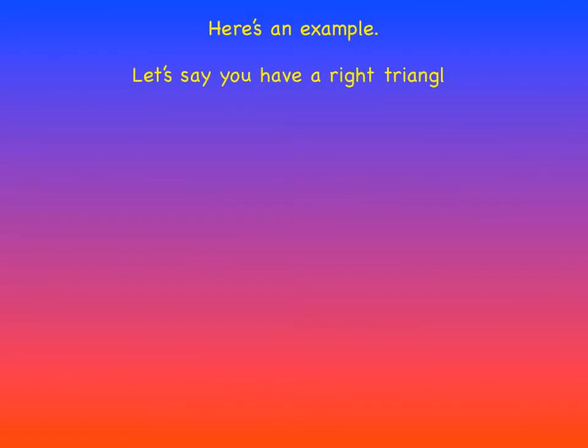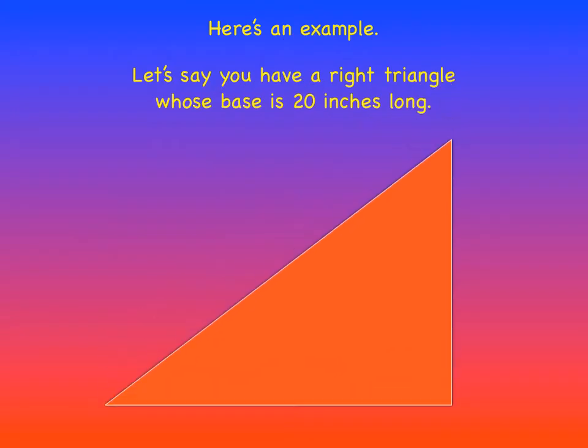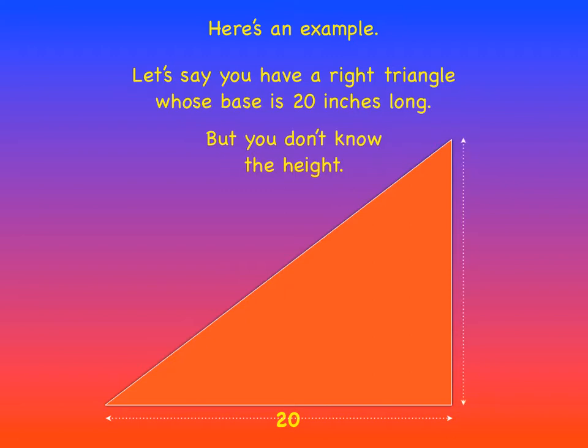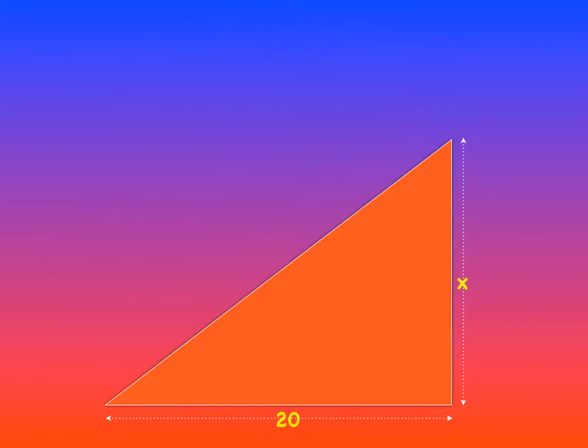Let's say you have a right triangle whose base is 20 inches long, but you don't know the height. We'll call the missing measurement of the height x. You've been told that the A to B ratio is 75/100ths.